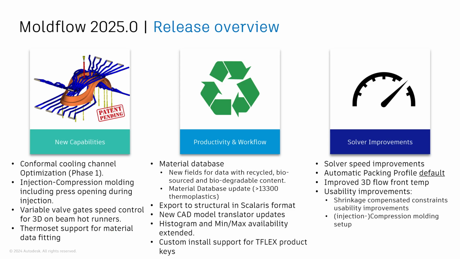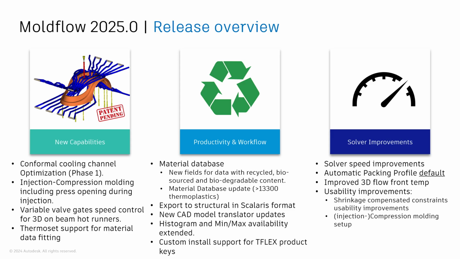Also, we discussed the material database, use of the recycled materials, and so on and so forth. We also extended how we can collaborate with third parties with the help of the Scalar format, that's the work in progress, and the extent of the histogram for the warpage results with an anchor.